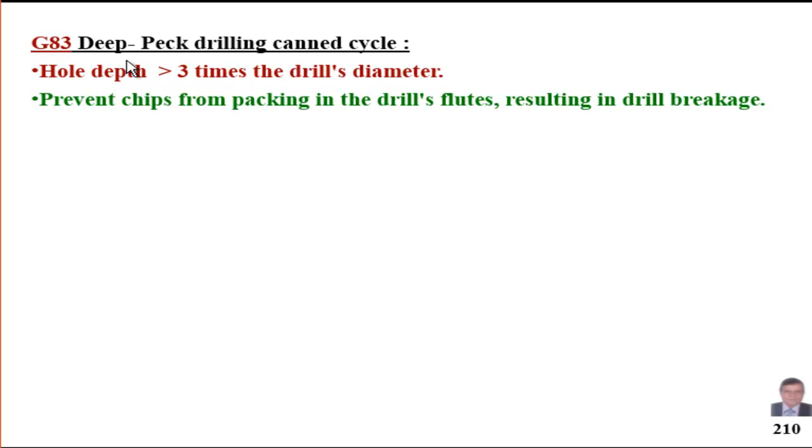In that deep hole, it needs certain treatment to prevent the chips from packing or clogging in the drill flutes. If it happens, it will result in breakage of the drill, and it will impede the flow of the chip, and it will also impede the delivery of the coolant to the cutting point of the tool.